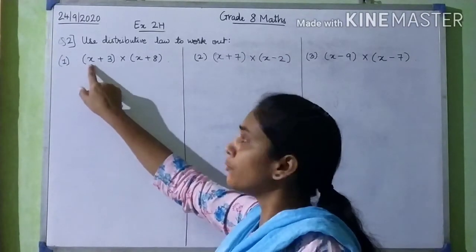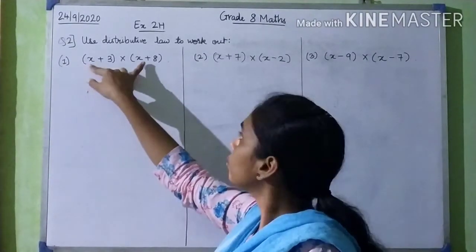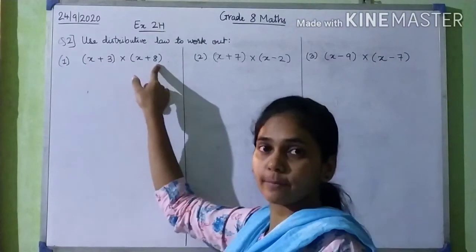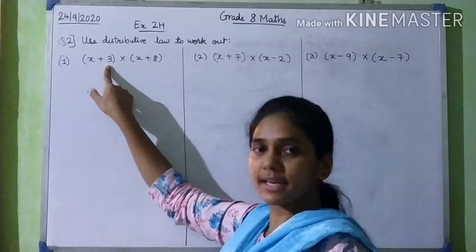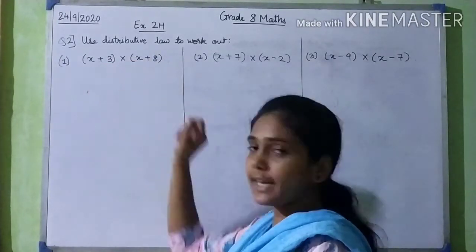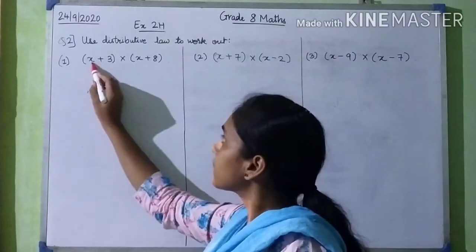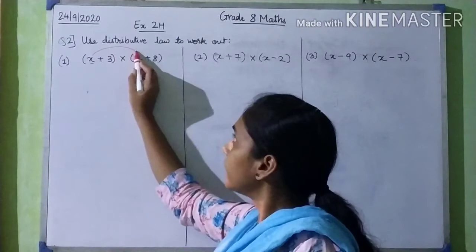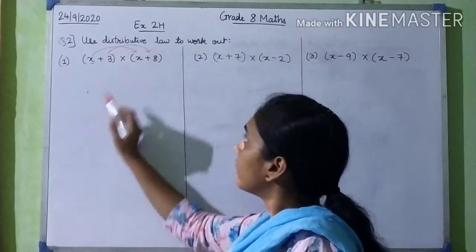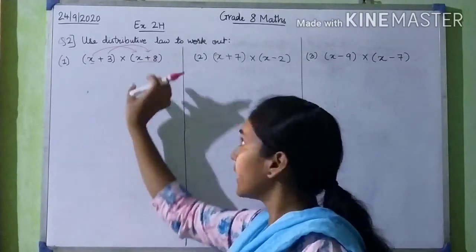First we will take the first term of the first expression and multiply it with the whole expression in the second part. Then we will take the second term of the first expression and multiply it with the whole second expression. That means we will multiply x by x plus 8, then we will multiply plus 3 by the whole of x plus 8.